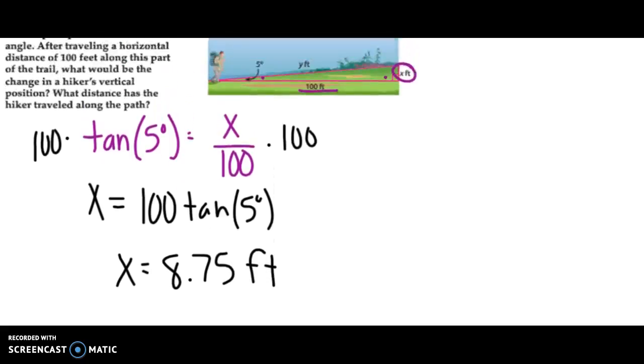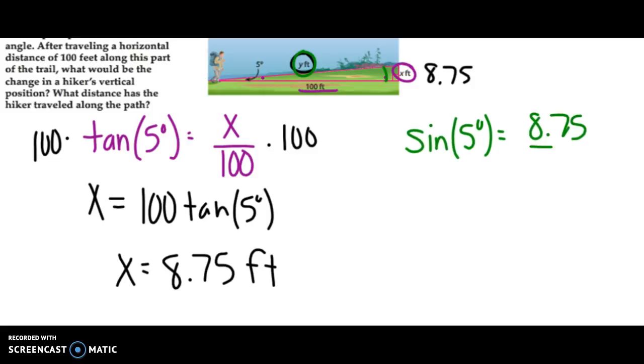Now that I know that x is 8.75 feet, I can use that to find y. Now, if we know the opposite side and we're looking for the hypotenuse, we would say, well, sine is opposite over hypotenuse, so sine of 5 degrees is going to be equal to 8.75 over y.